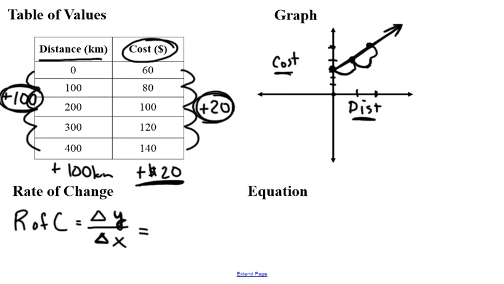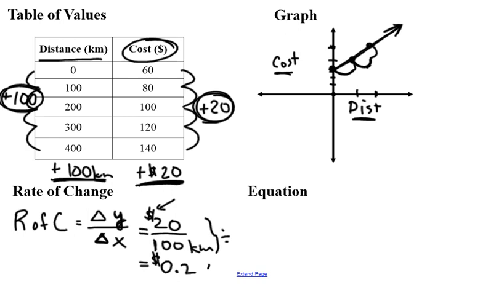We see the cost went up by 20. And what was the change in our X values? We see it was a change of 100. So what's the rate of change here? Let's also include units, because units are important here. It was a $20 change for every 100 kilometers. If I divide these two values so that I can get a decimal, 20 divided by 100 gives me 0.2. But what are my units?